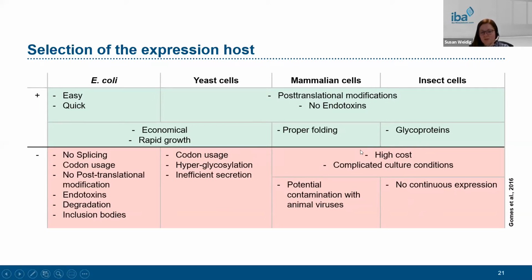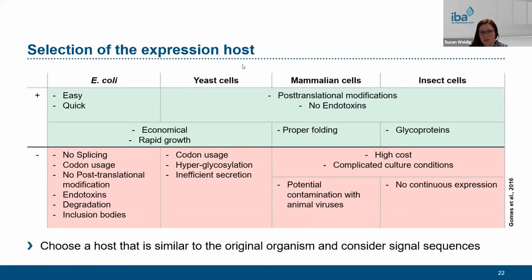These complicated culture conditions raise the costs for the expression in mammalian cells and insect cells. And there is the possibility that you can get contaminations with animal viruses. And for insects, there's also the problem that they do not continuously express the protein. So you have to transform the insect cells anew from time to time.